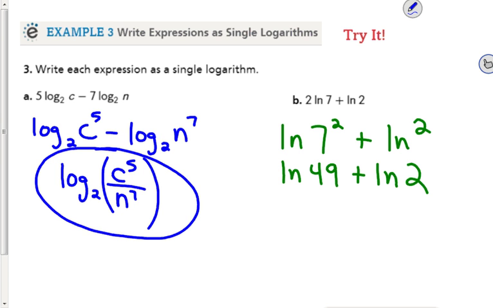Now, because this is a plus, I need to recognize that that's the product property. And so I can rewrite the sum of those two logarithms as the logarithm of a product, 49 times 2. And 49 times 2 is 98, so I can write the natural log of 98.